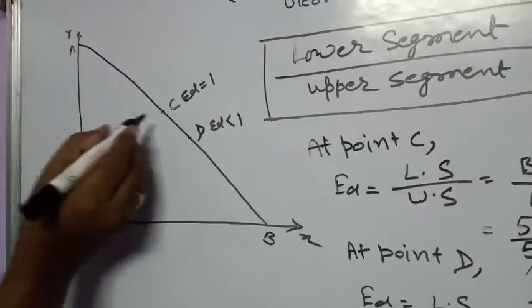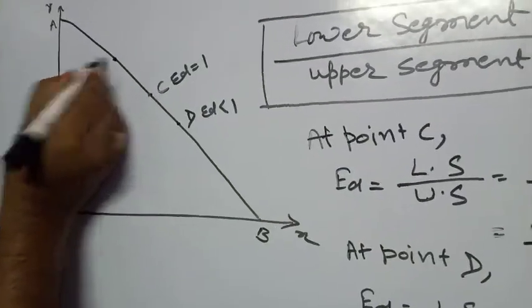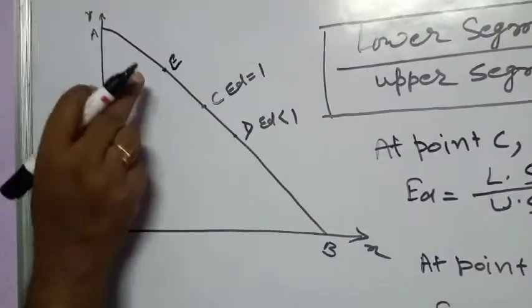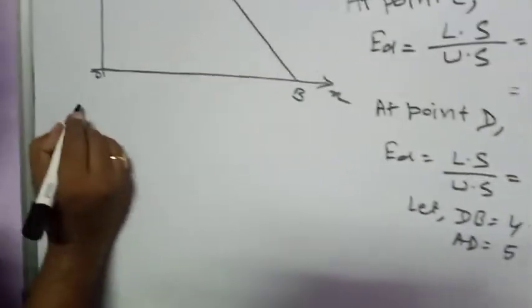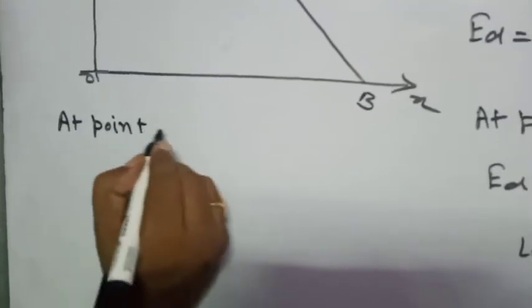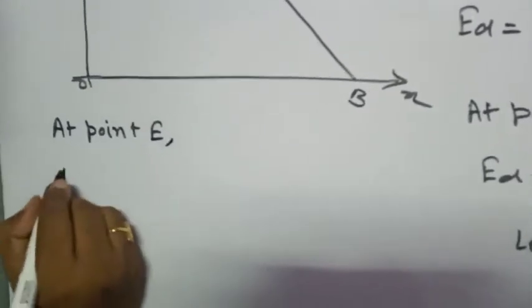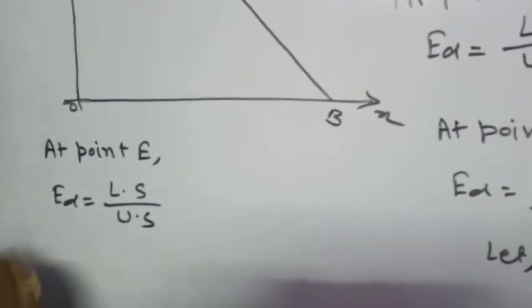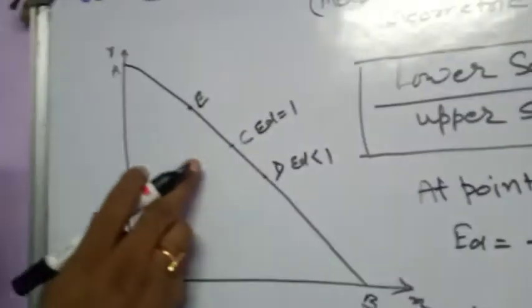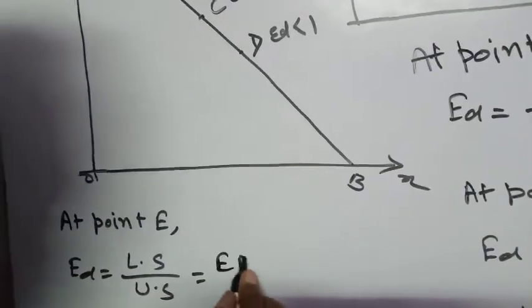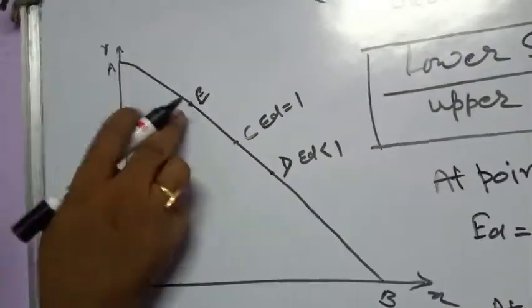Okay, so if we move towards, suppose at point E, here E is the point, so what will happen? So at point E, ED is equal to lower segment divided by upper segment. Is it clear? So lower segment is how much? That is EB divided by upper segment AE.